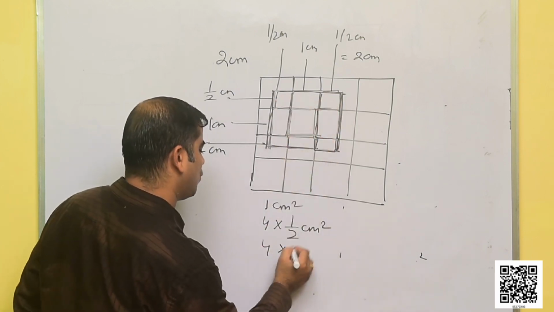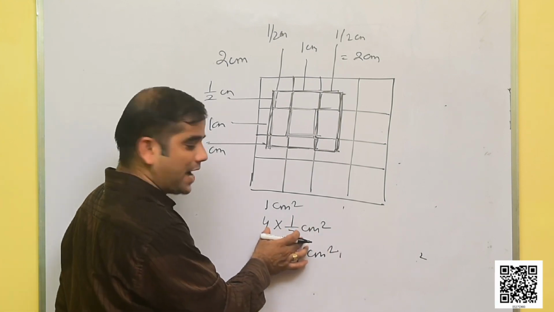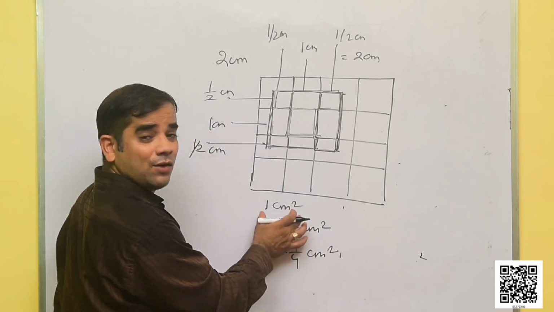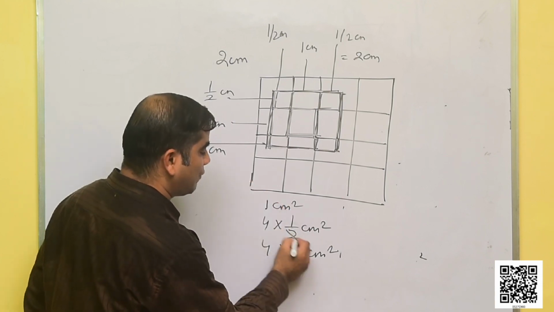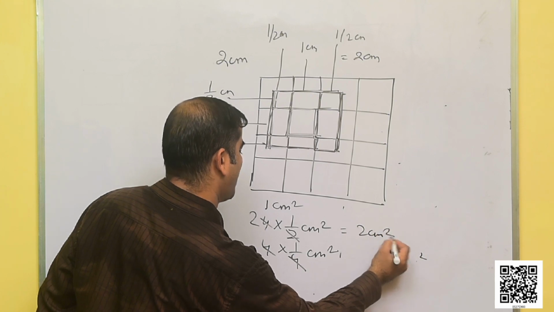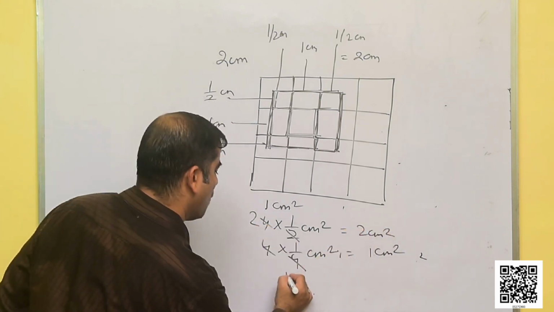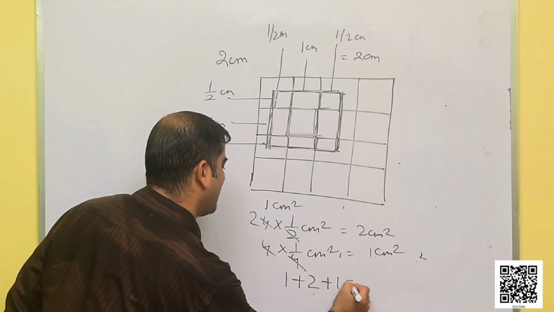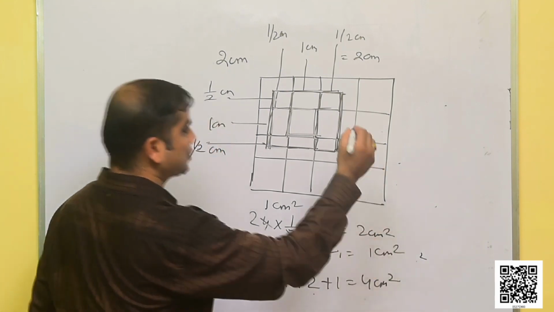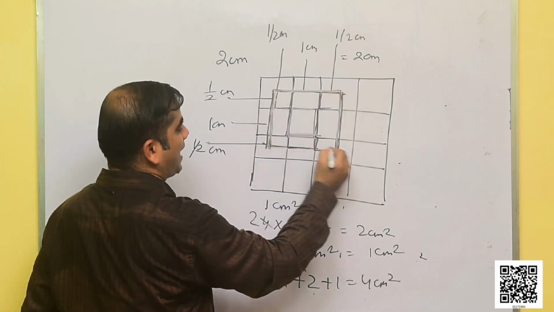So 4 into 1 by 4 centimeter square. So we have 4 half squares, 4 quarter squares and 1 full square. When I multiply, I get 2 centimeter square and 1 centimeter square. So in total 1 plus 2 plus 1, 4 centimeter square. So this is the area of the square.